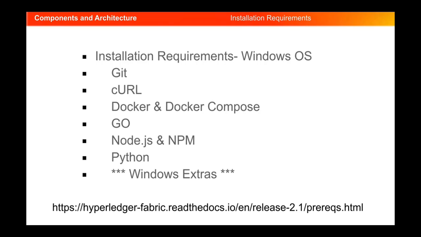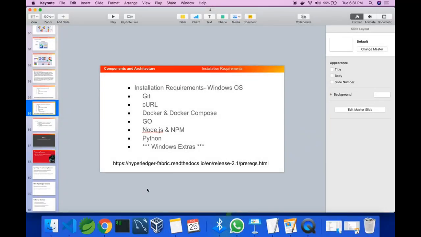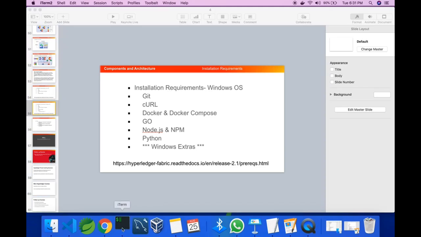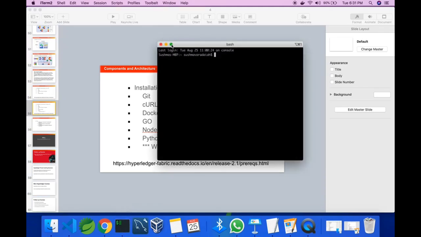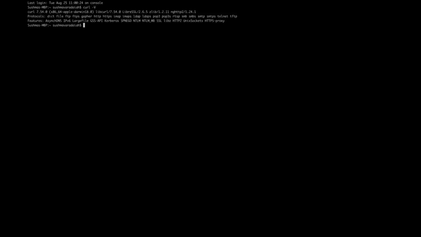Meanwhile, I am using Mac OS, so I'm going to show you how it should look when you install all this. So let me open up a terminal and show how it should look. I'm checking the curl. This is what you should get if you have curl installed, and I'm going to check the npm version.